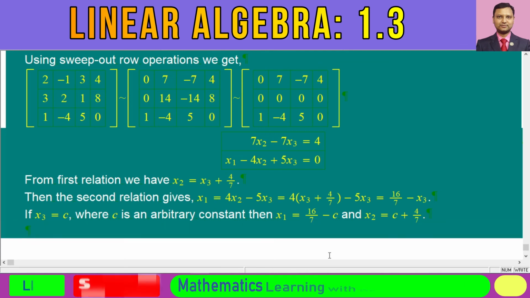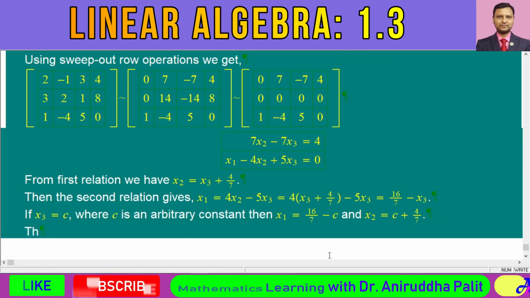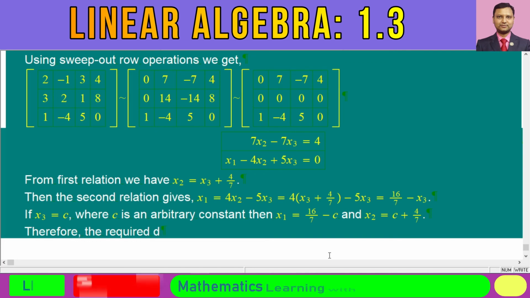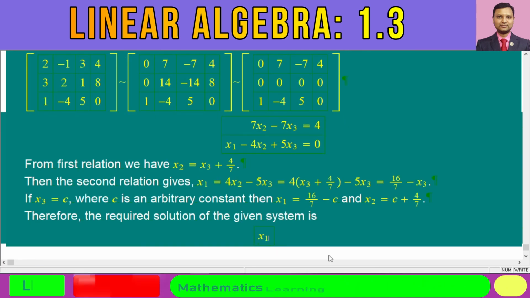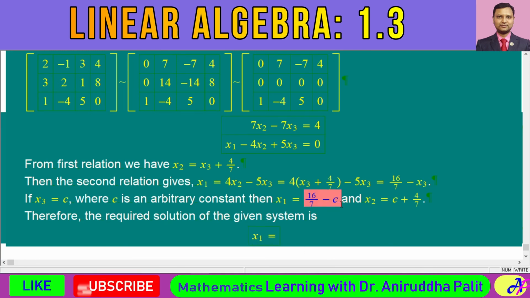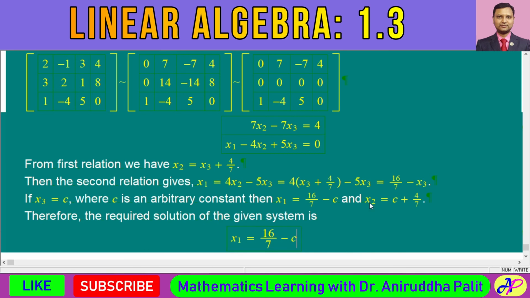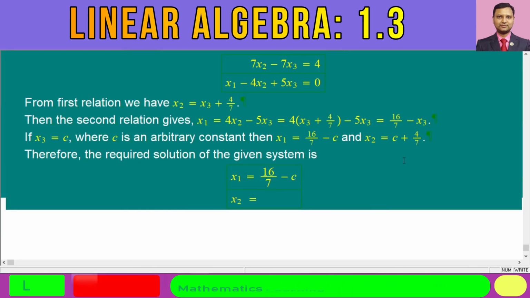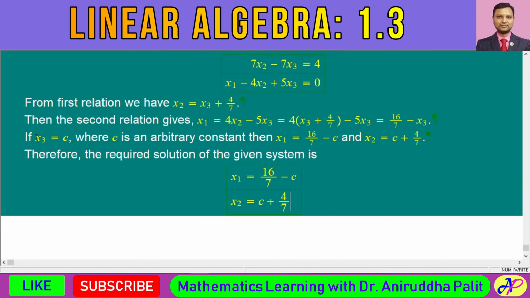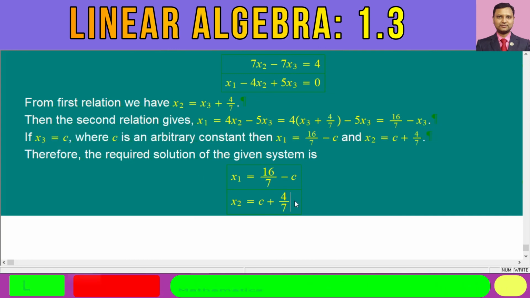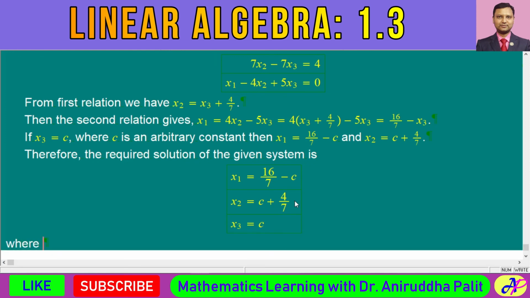Therefore the required solution of the given system is, you can write it in this way, x1 is equal to this expression, then x2 is equal to this expression, and what is x3? x3 is equal to this c, where c is an arbitrary constant.